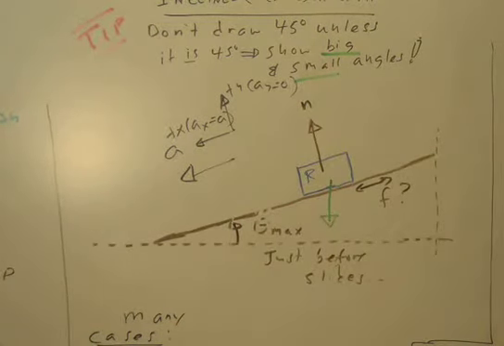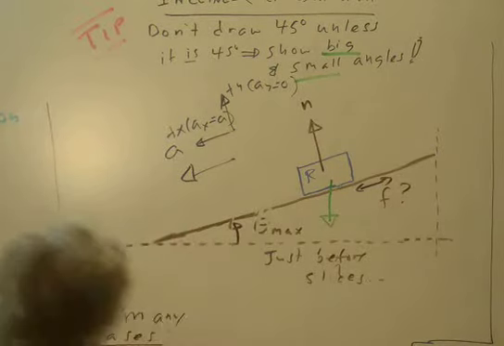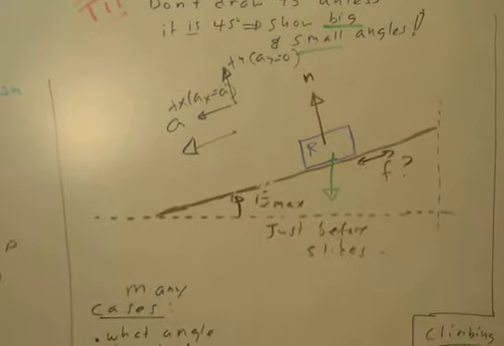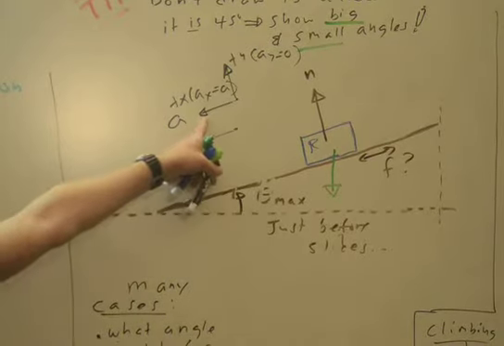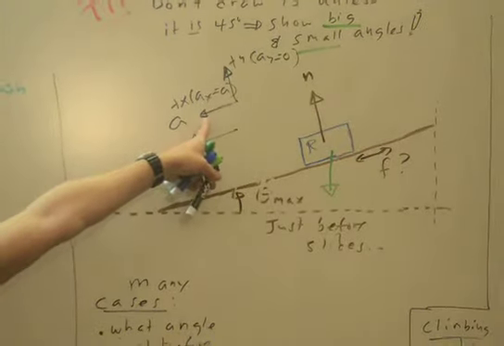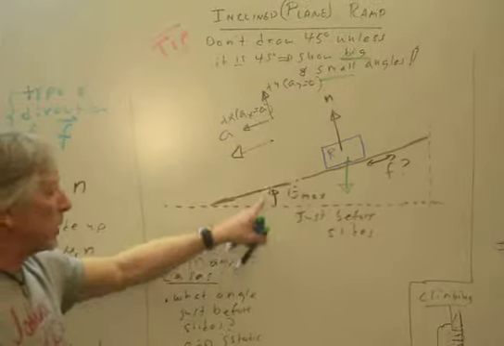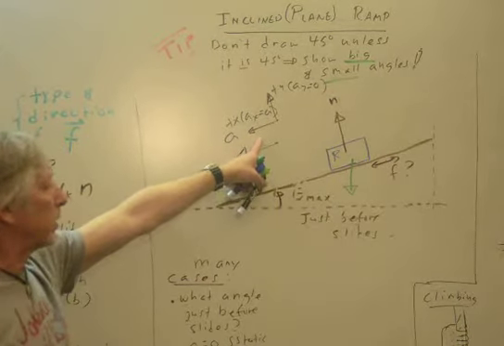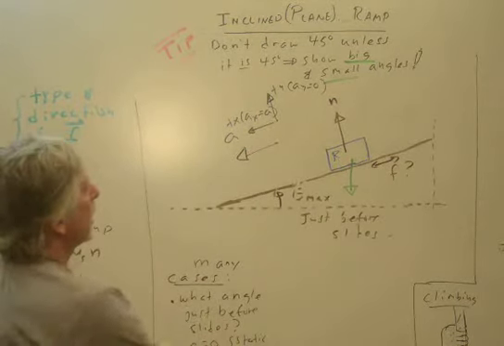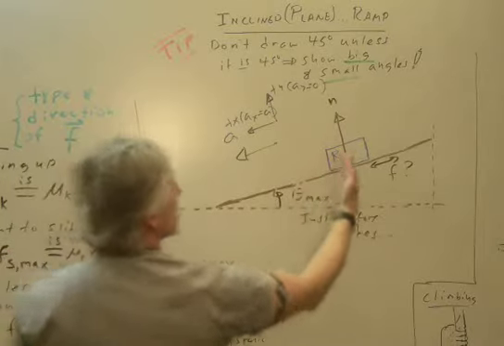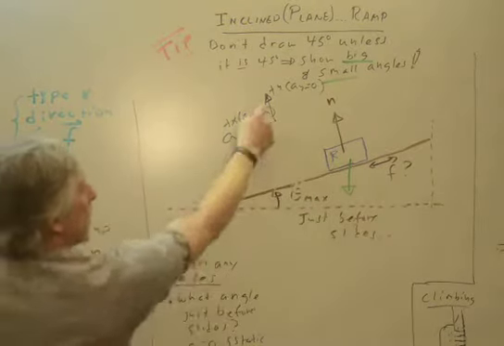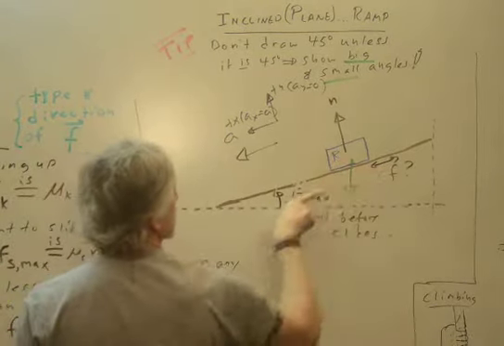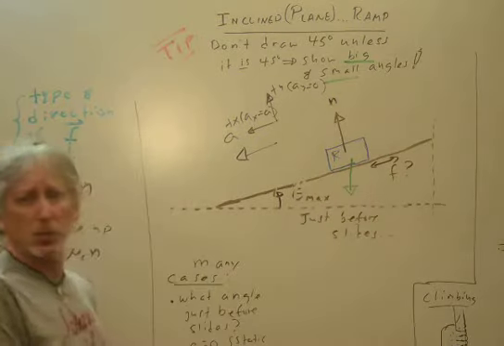Fine. Now one little bit that people have trouble seeing is how to get the components. If I choose it this way, which is a very common choice, it's not always this way, so remember there are going to be other cases, then how do I get the components? Because clearly n is in the plus y direction and friction is either in the plus x or minus x direction.